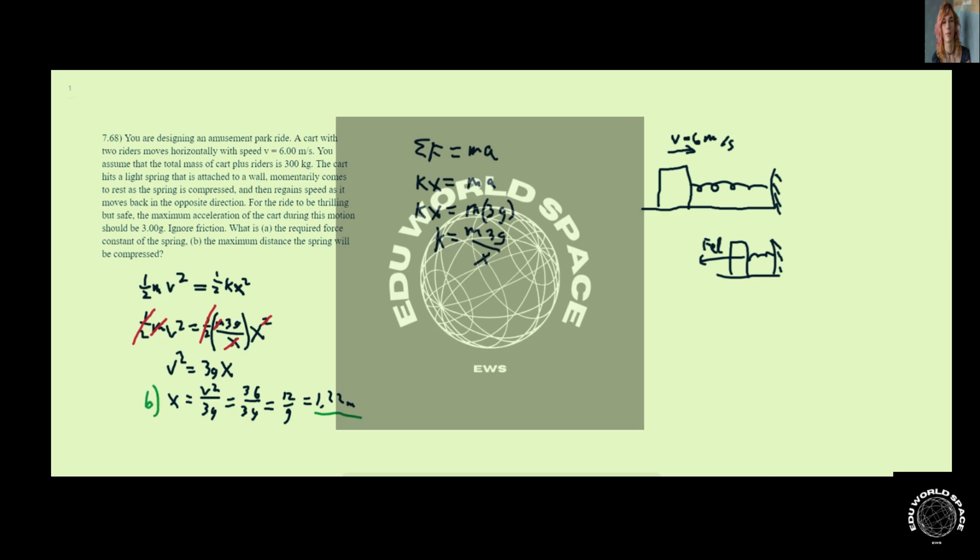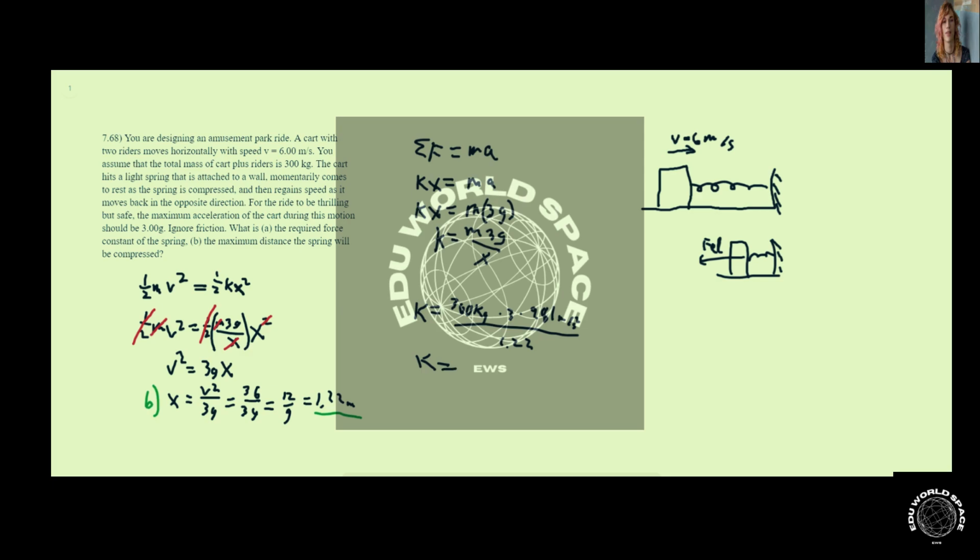That's part B. And then if we plug that in up here, we would get k equals 300 kilograms times 3 times 9.81 meters per second squared divided by our 1.22.